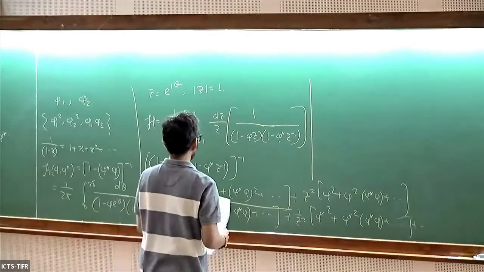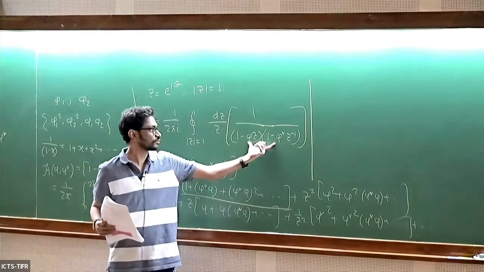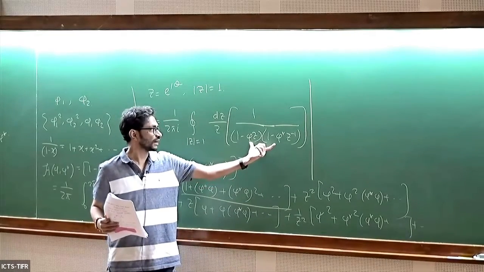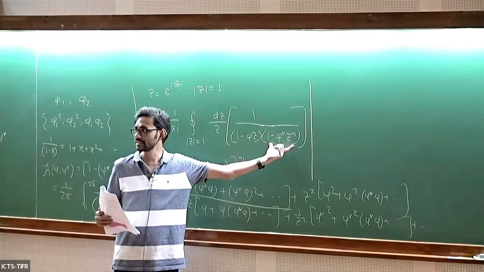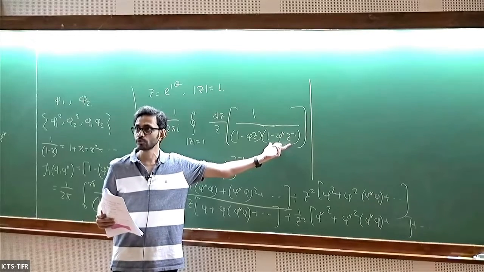Now let's try to write down this 1 by (1 minus phi z) times (1 minus phi star z inverse) in a much more sensible way, which could be useful for us.